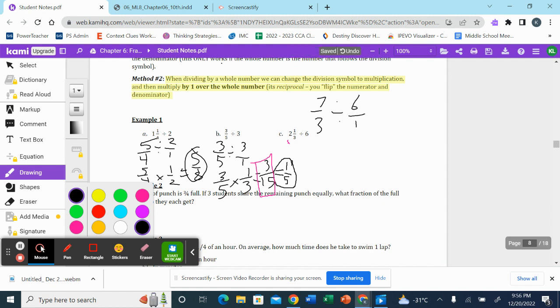Or that's the same as saying we're going to keep the first fraction the same. Keep 7 over 3 and then flip the other one and multiply it. So flip this fraction, 1 over 6. Now it's easy. 7 times 1 is 7. 3 times 6 is 18. 7 over 18 is my final answer.